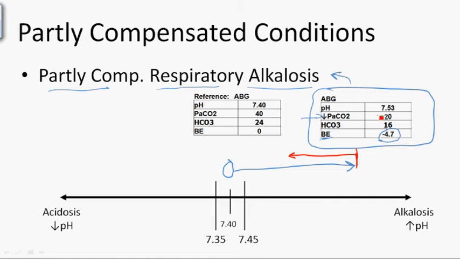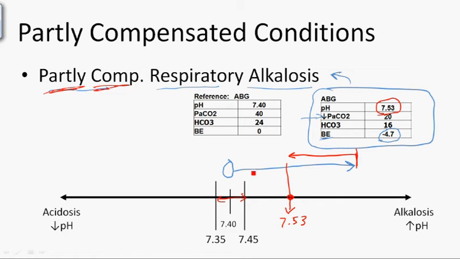Now, I'm going to end at 7.53 because that's the actual pH of my patient. That's what I get from my blood gas. And that still means I'm on the alkalotic side. I'm not quite in that normal range yet, so that's why this is a partially compensated condition.